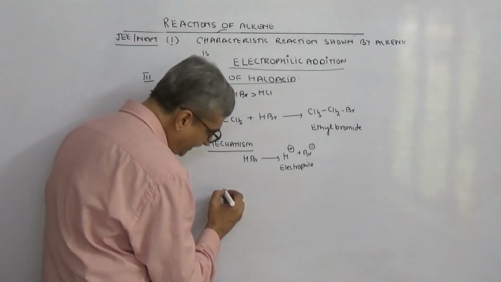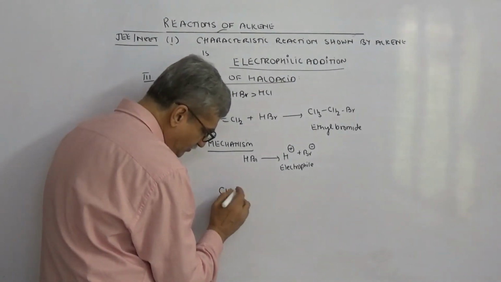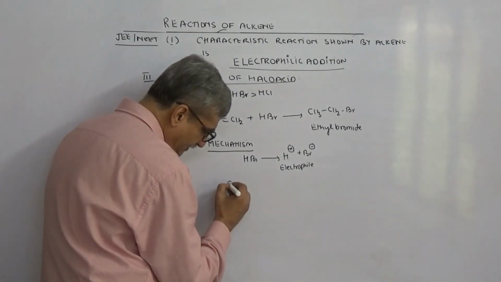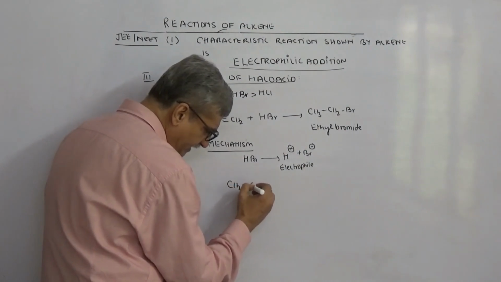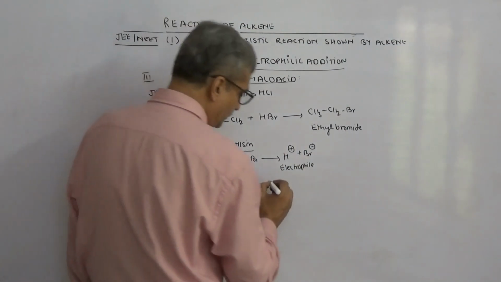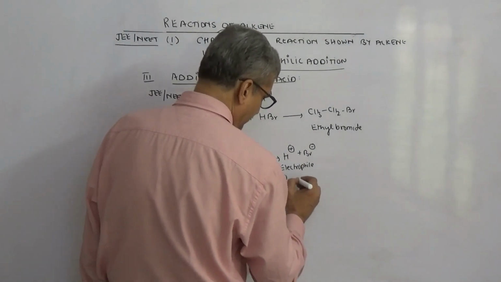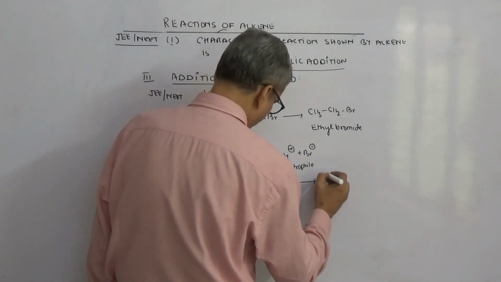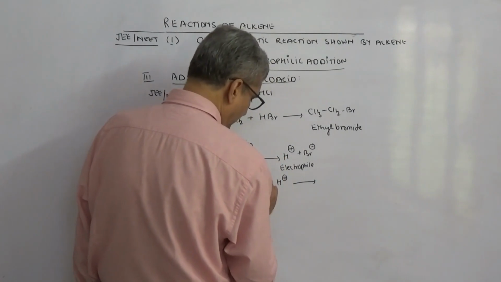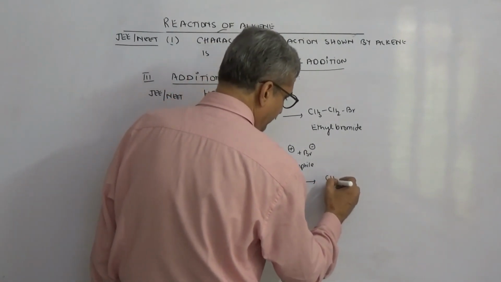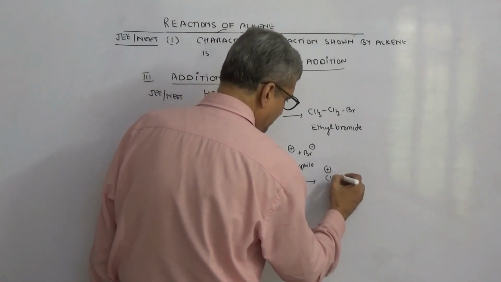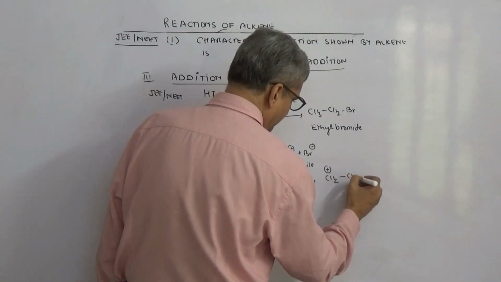So we have CH2=CH2 plus H plus. What is it going to form? This is going to cause a shift in the bonded pair. So you have CH2 plus and you have CH3.